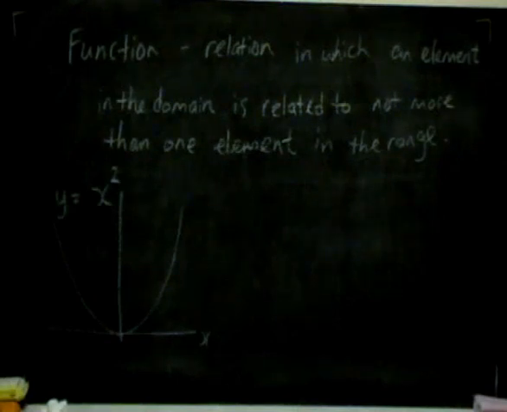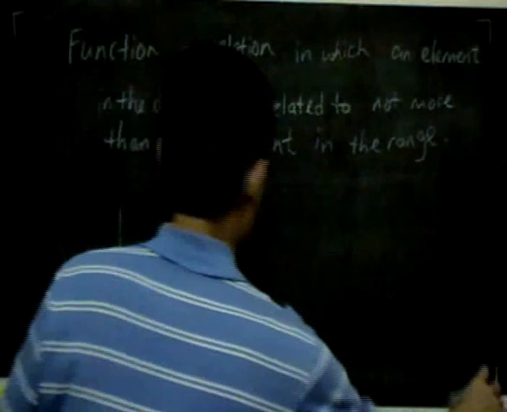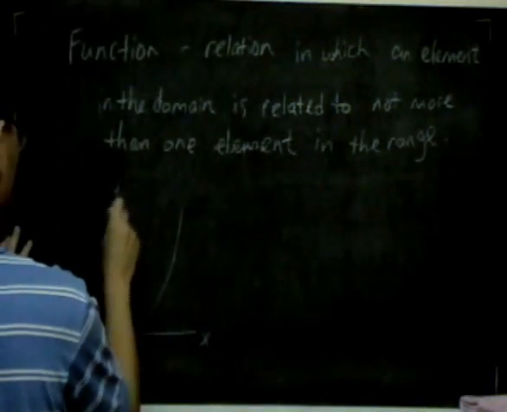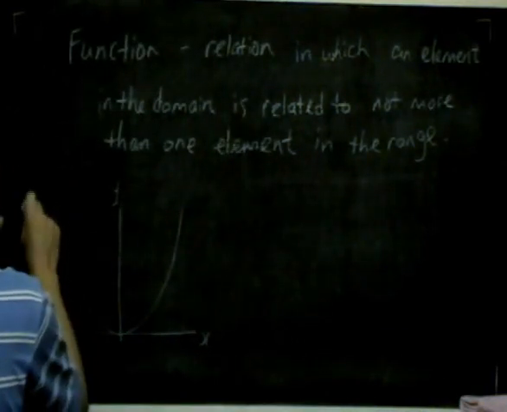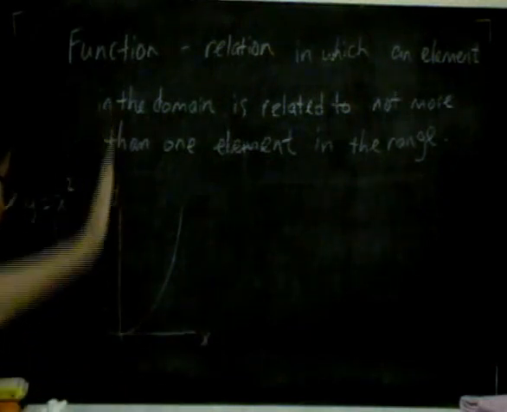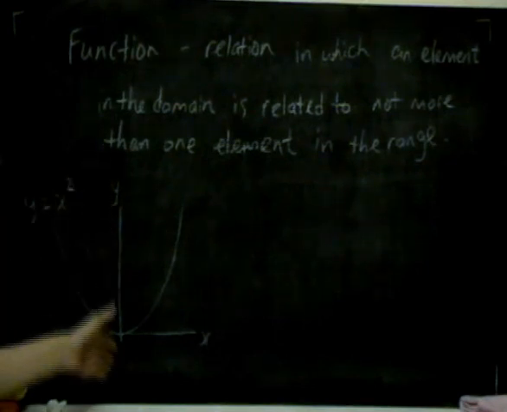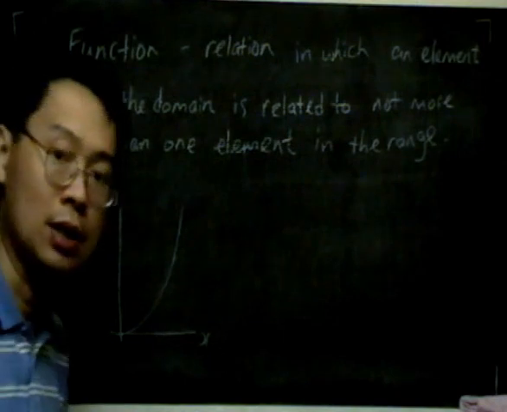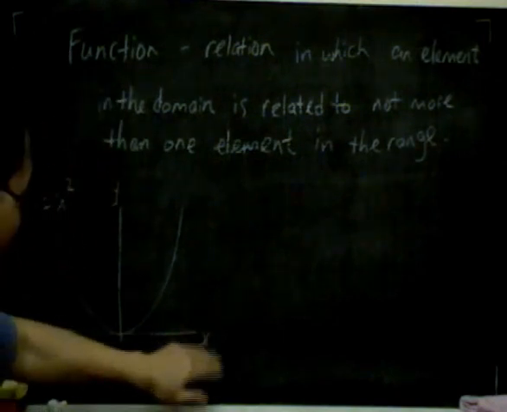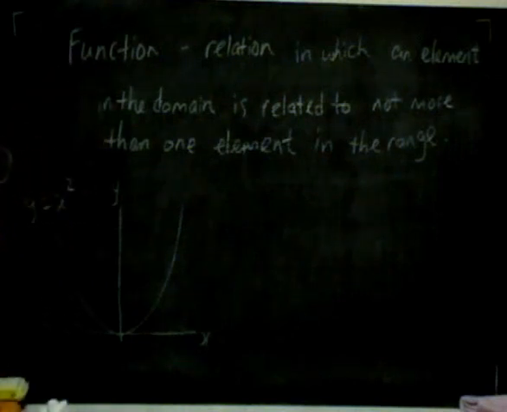And now let me make this clearer. Alright, that's the y-axis, and the equation is y equals x squared. Right, x-axis, y-axis. So what these axes represent are the domain. The x-axis is the domain, and the y-axis is the range.